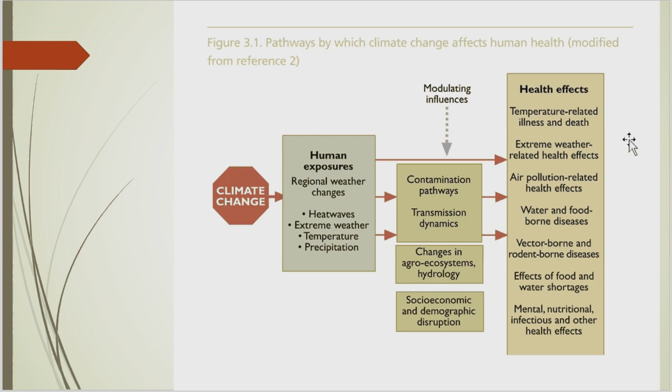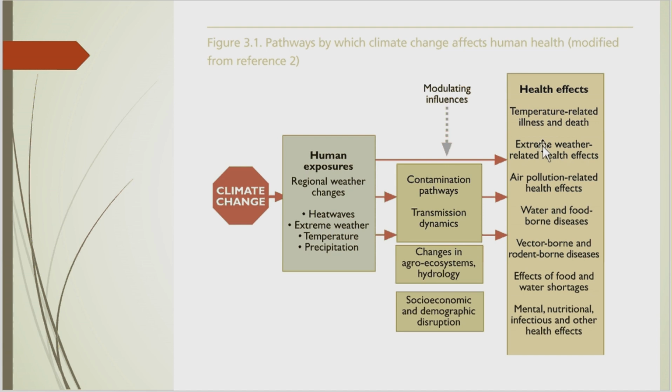If we take a look at this slide, we can see temperature-related illness and death, extreme weather-related health effects, so things like flooding and so on, air pollution-related effects due to climate change, water and foodborne diseases, and vector-borne diseases. The vectors will change in their distribution with climate change.